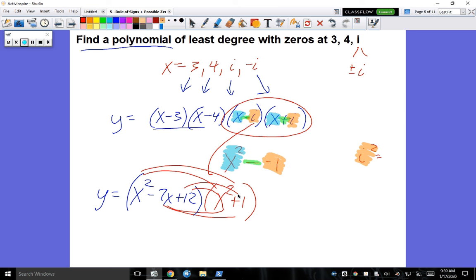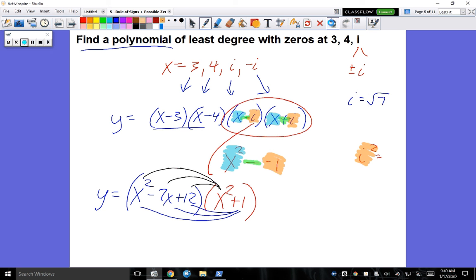I'm a little lazy, and I know I'm going to still get the same answer, but for less confusion too, I like to do this, and then distribute the 1. The i's are gone because it became i squared, which is a negative 1. Remember, we can't forget that i is the square root of negative 1, and that i squared is just negative 1. You see how cumulative this stuff is?